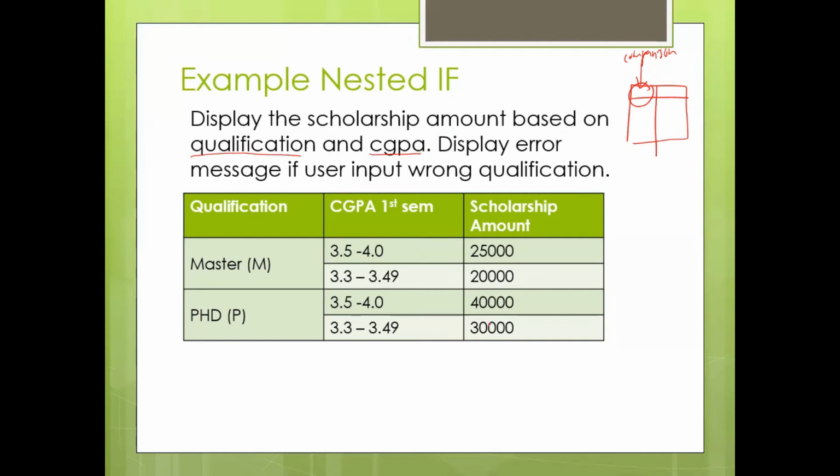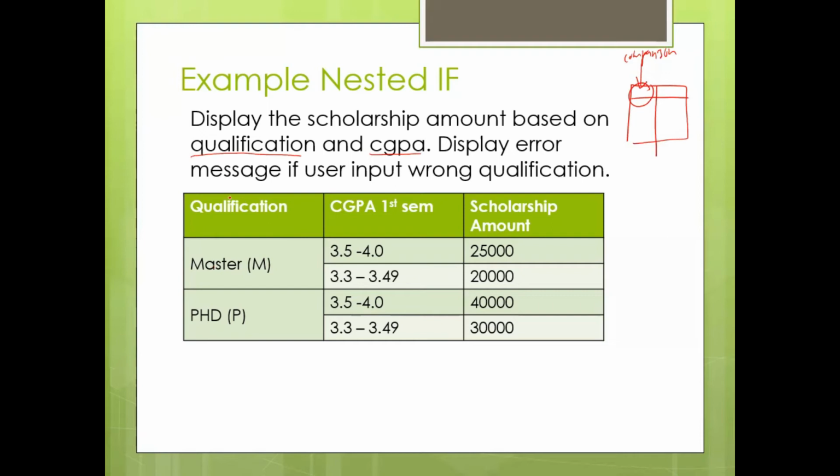Kan perbezaan tu berbeza. Okay, so kalau kita tengok kat sini qualification, so kita kena check first dulu. Remember, kolom itu menentukan dia outer if ke ataupun dia adalah inner if.